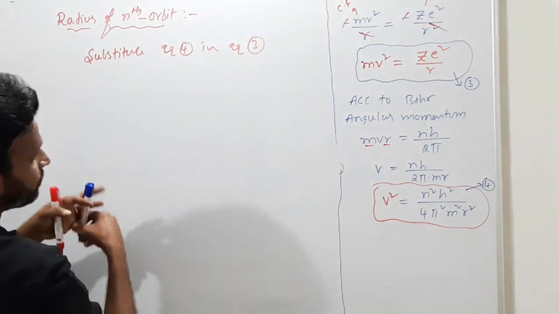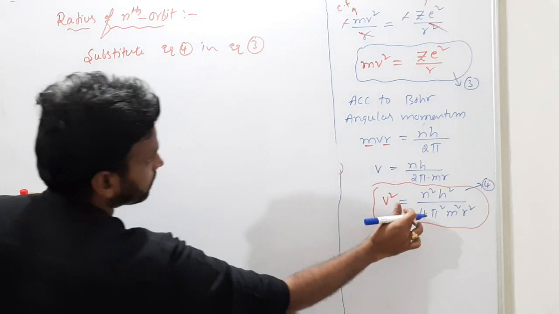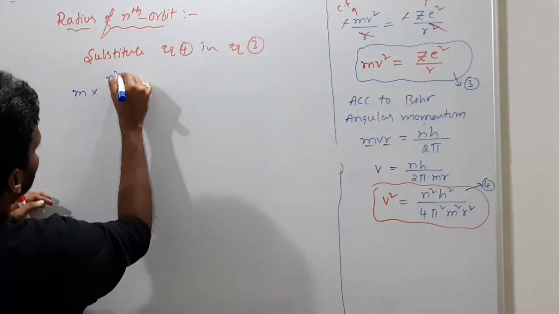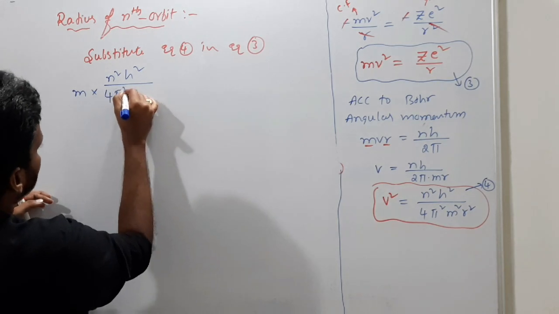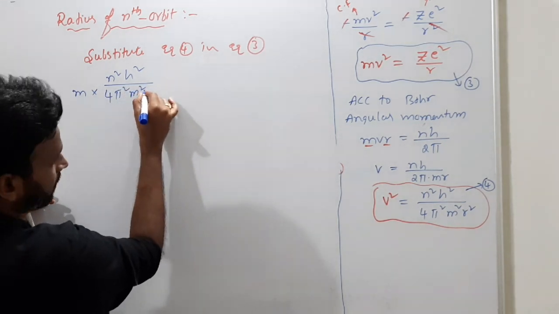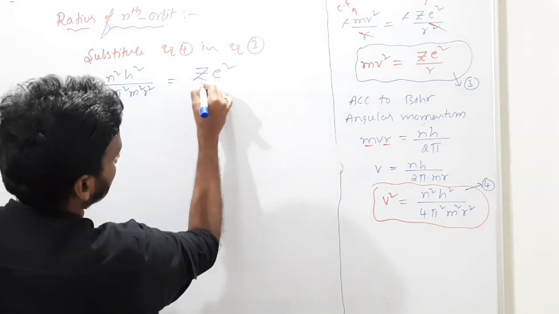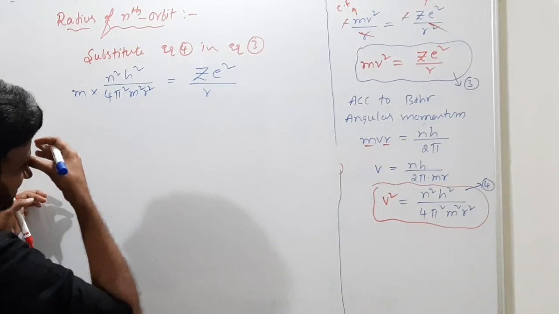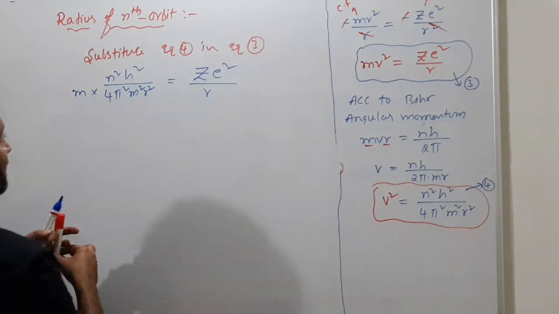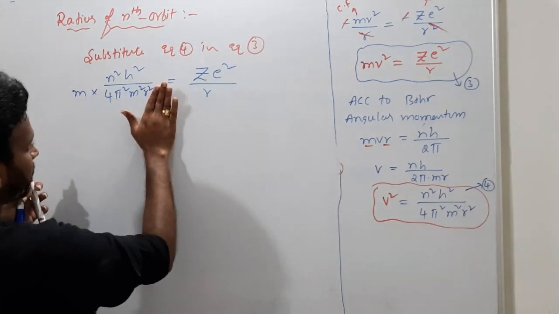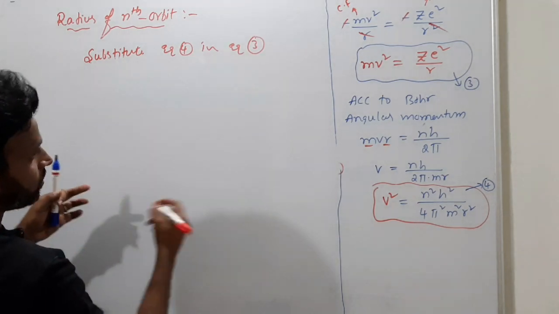Instead of v square, I will have n square h square by 4 pi square m square r square, and this is equal to ze square by r. Everything I have written is visible; I can write in bigger letters if you want. So what I get is m into n square h square by 4 pi square m square r square equal to ze square by r.